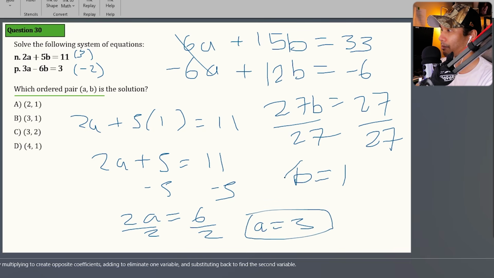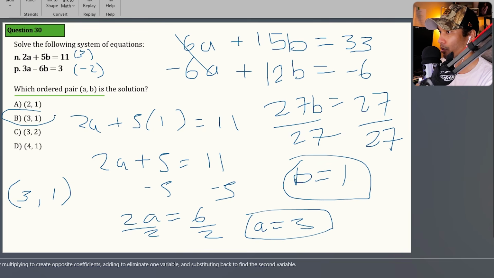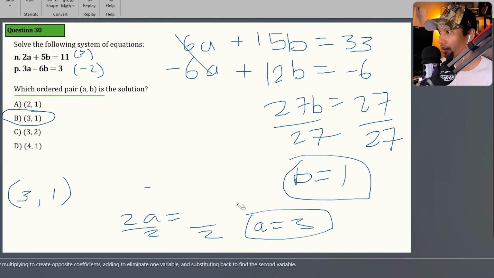There we go. And then b equaling 1. So we have our coordinate 3, 1. And that is answer choice B. And for the sake of the video, and just to show you guys, you could choose any equation, right?